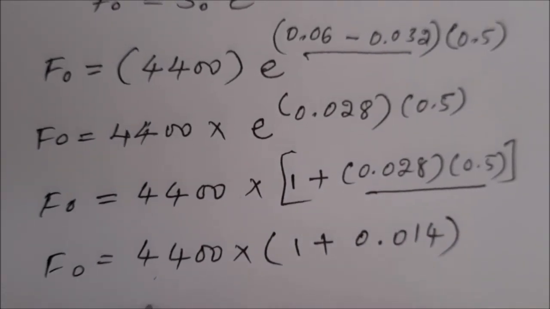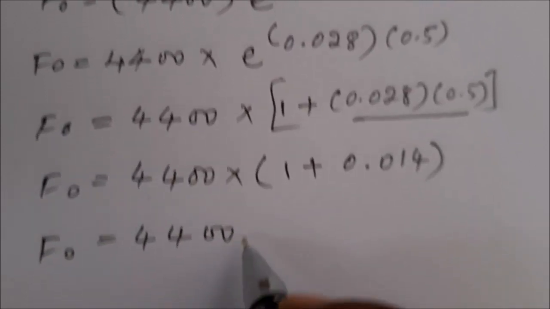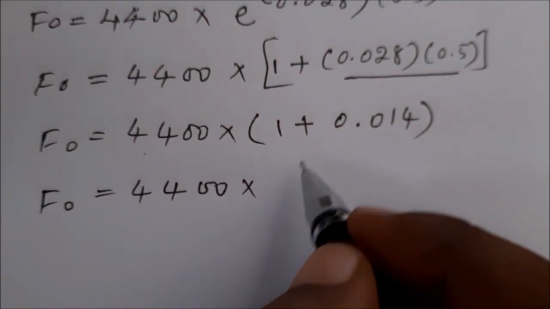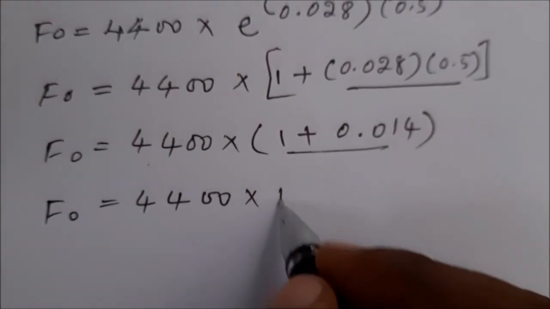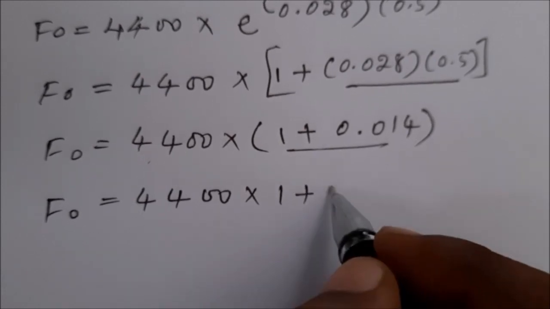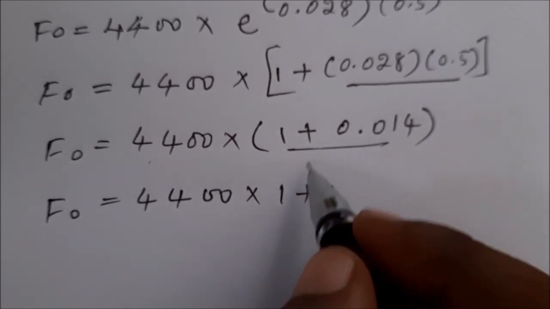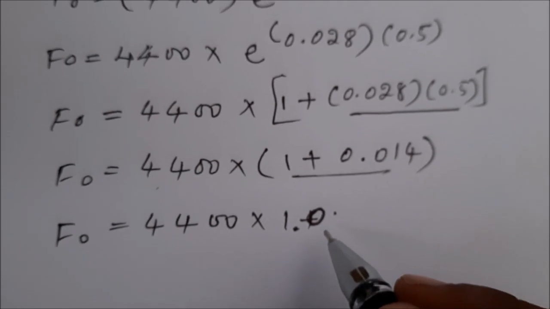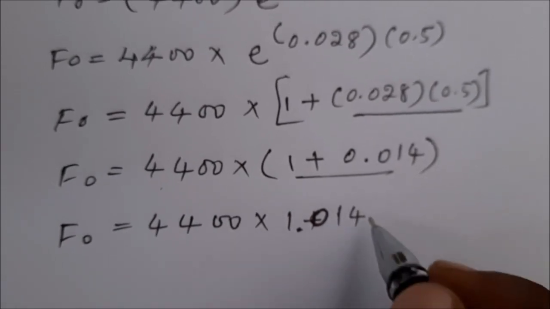So F naught is equal to 4,400 into 1 plus 0.014, we will get 1.014.